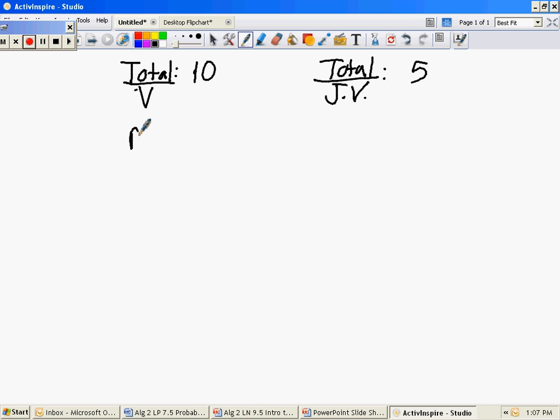And I'm going to be picking from the varsity kids 3 players, and I'm going to be picking from the JV kids 2. Now, we're going to figure these outcomes separately, okay? Because they're separate things. You have a varsity and JV, so you can't really do the multiplication of those things together yet. So let's go ahead and do this.